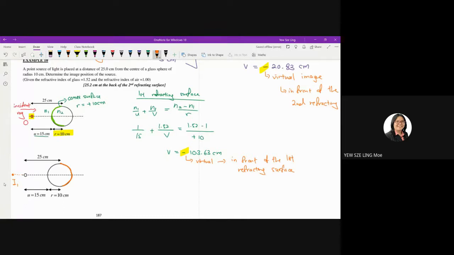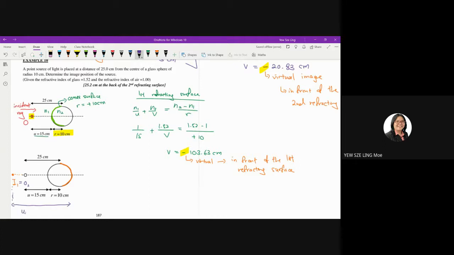Now I'm going to solve for the second refracting surface. First of all, we have to determine the value of U2. I1 at the same time is acting as O2. So my U2 should be calculated from the position of I1.